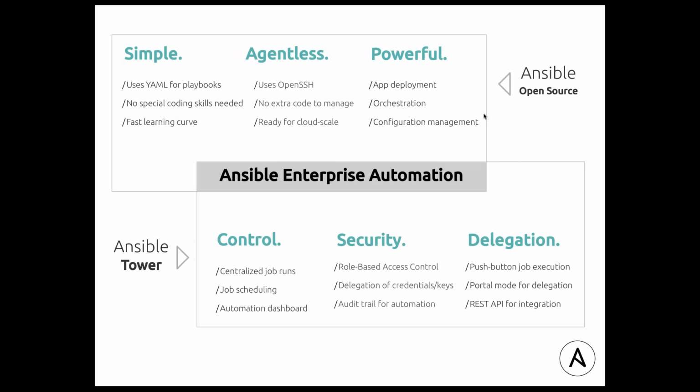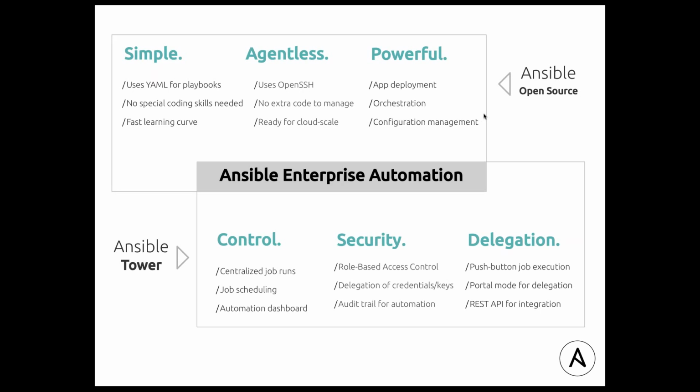It is not a commercial or enterprise version of Ansible, but rather Tower layers on top of Ansible and provides a number of values that you just don't get from the command line, that just don't make sense in a command line tool. Things like role-based access control to control who can do what, things like scheduling of jobs, things like push-button deployment like Splunk uses, for example.